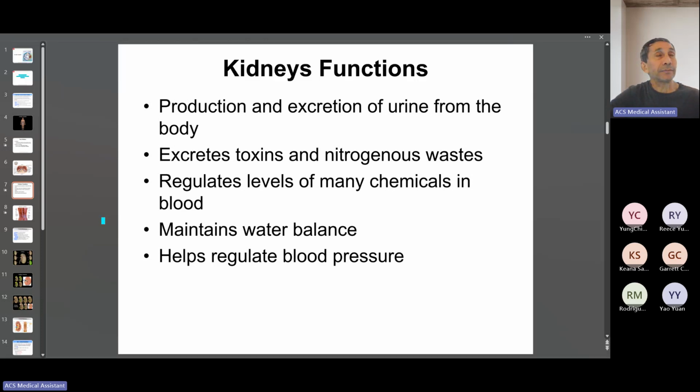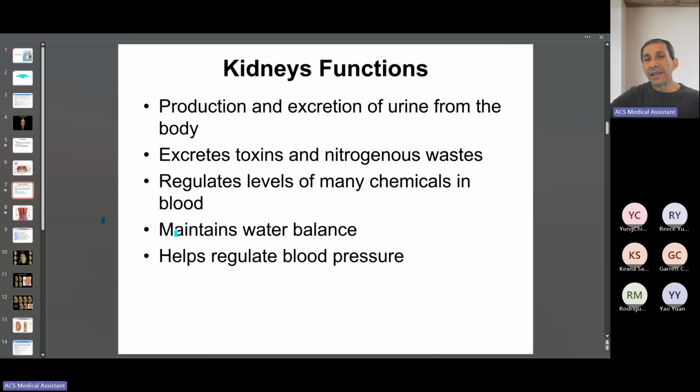If you ingest too many vitamins, guess what? Toxins are going to intoxicate you. Too much, not good. Too little, not good. So you have to be balanced. Remember, homeostasis.